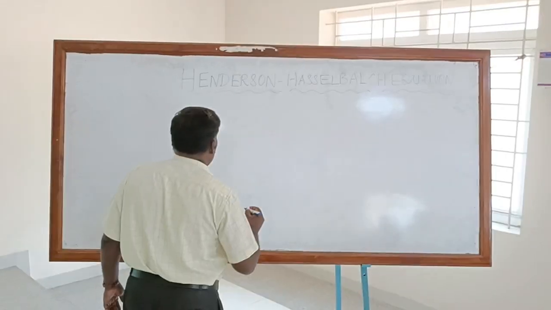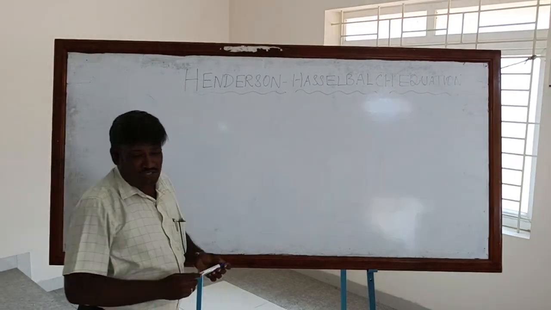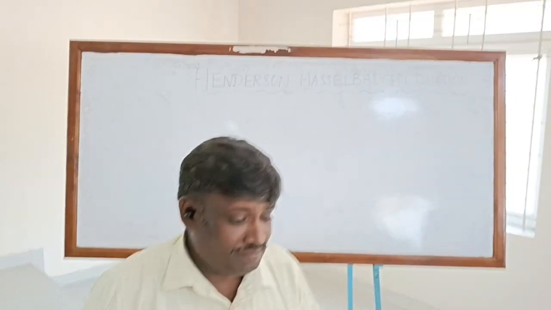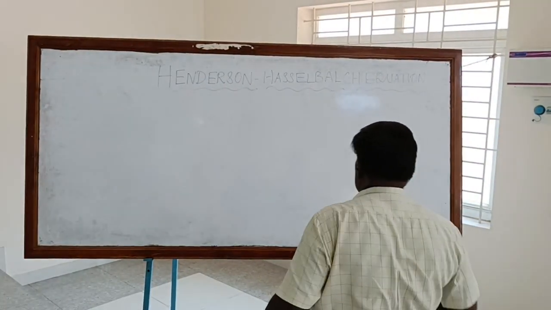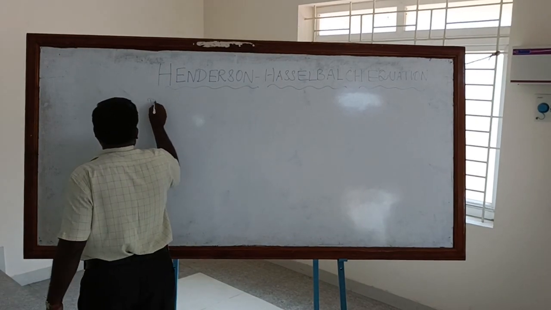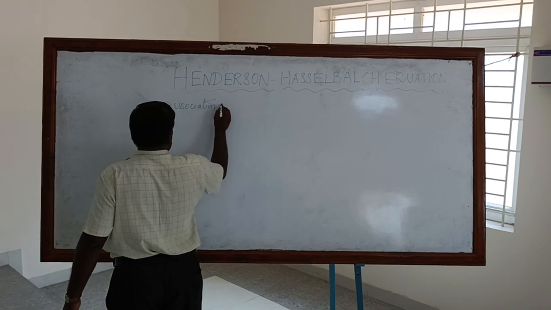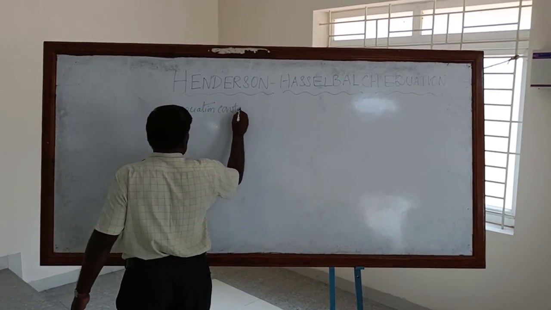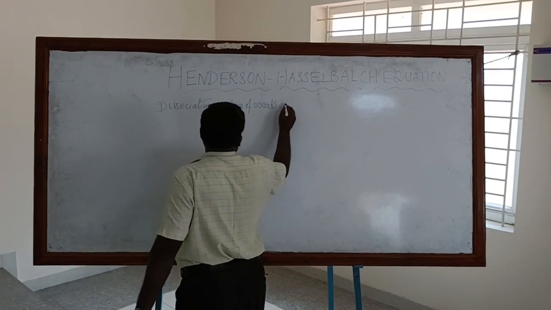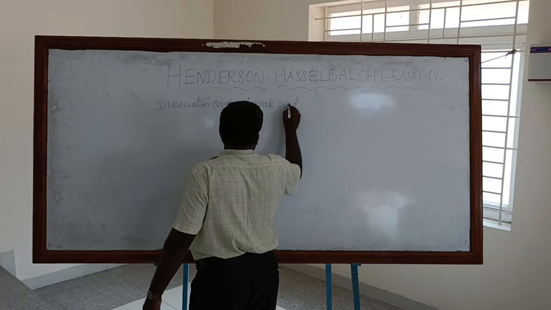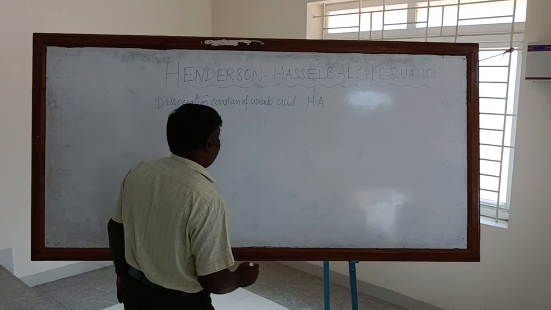So first, dissociation constant of weak acid. Say the weak acid is represented by HA.